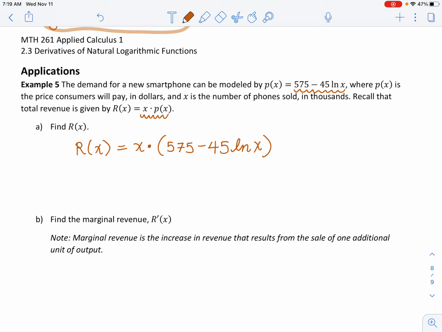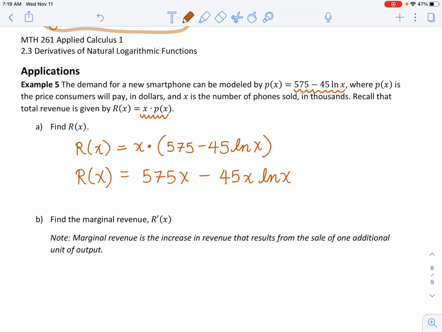We found it. That was easy. Now, I guess we can distribute if we want to, though I don't know if that's going to be any helpful: 575x minus 45x times natural log of x. Both are perfectly fine answers.